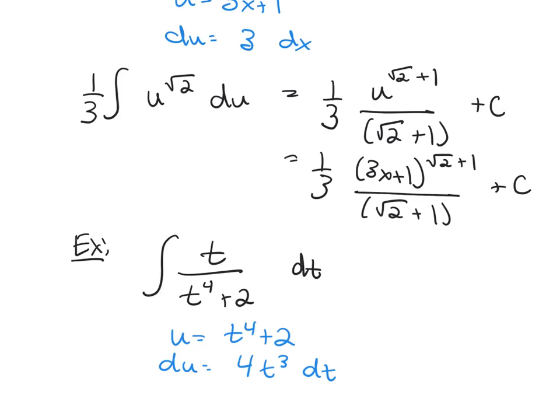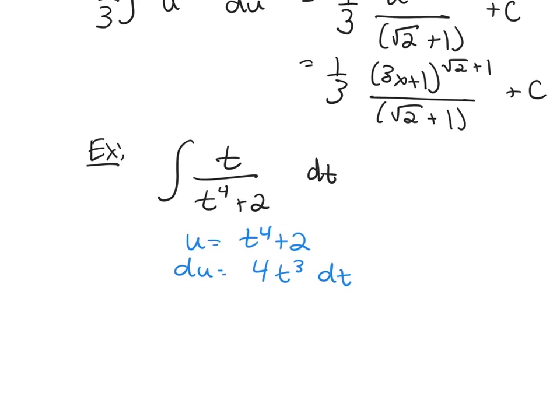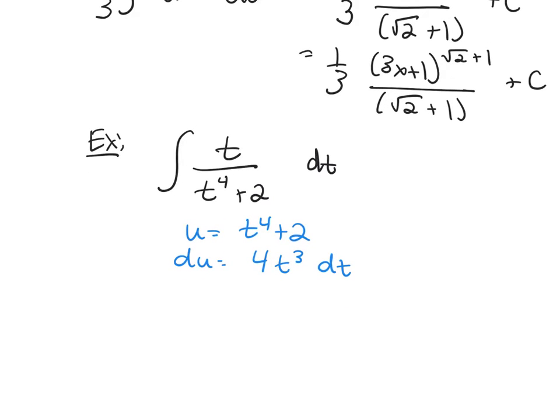So let me tell you how to do that. What you're going to do is rewrite the denominator of this integral as t squared, squared. And now you're going to do a substitution.